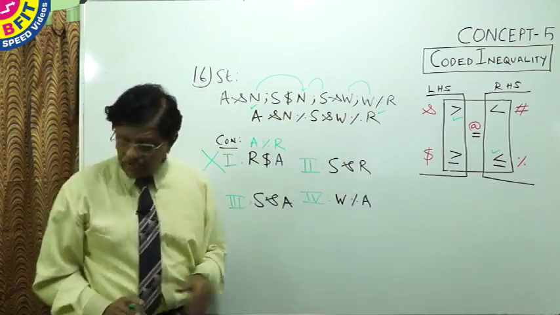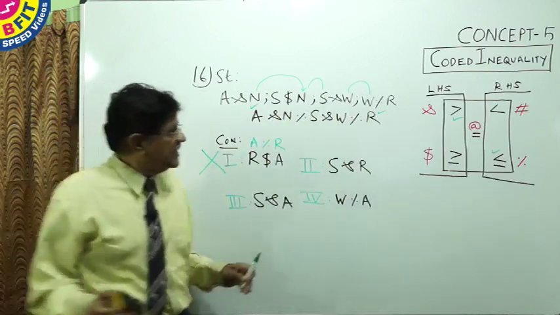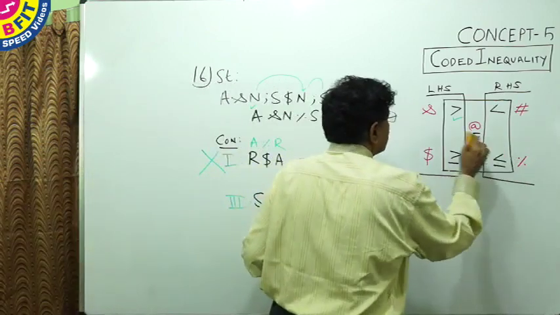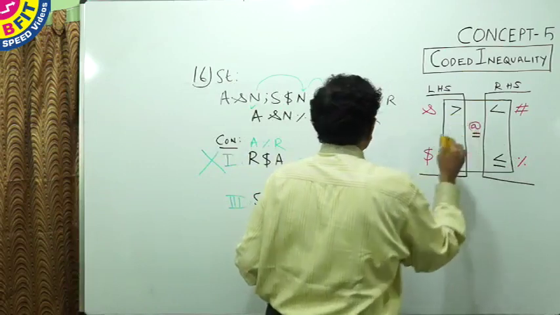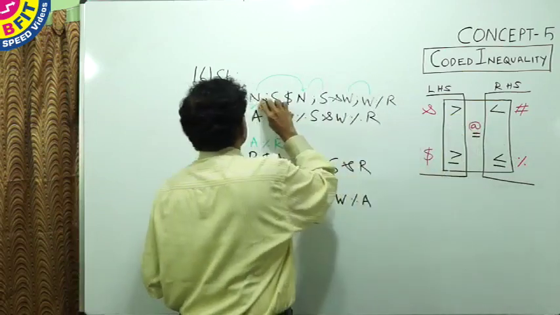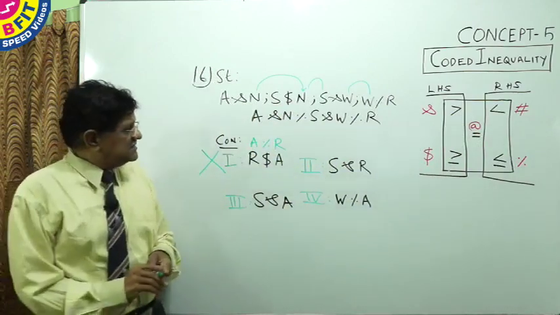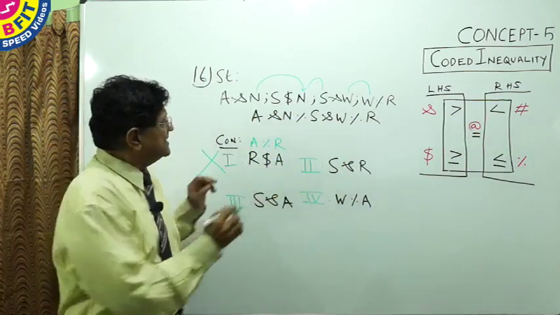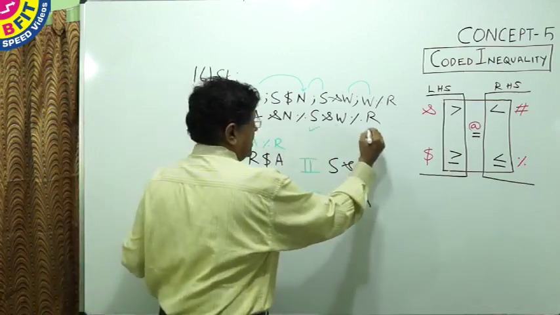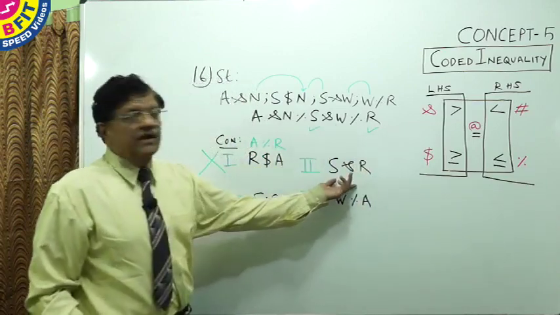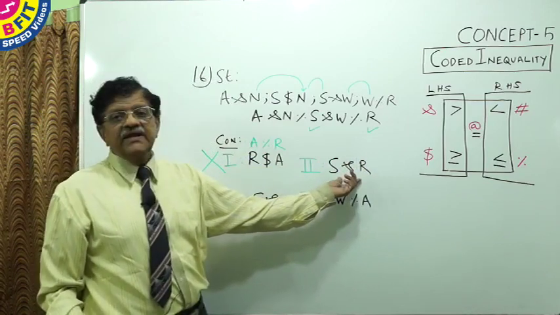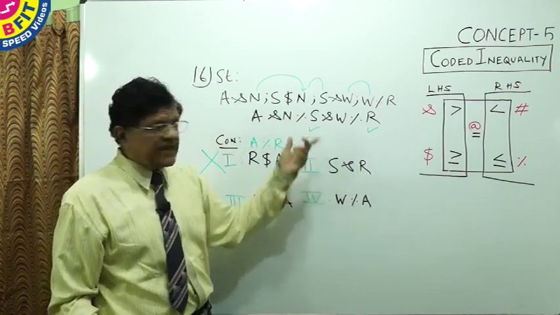Let us verify now conclusion 2. I will remove these markings so that it will be available for the next. So what are the elements between S and R? Where is S? S is here, R is here. And fortunately the conclusion is in sync with the statement.